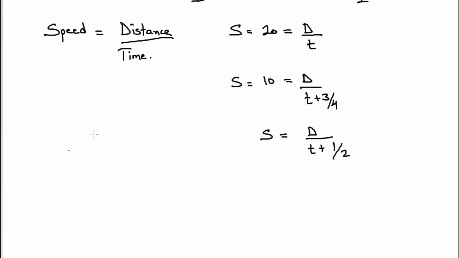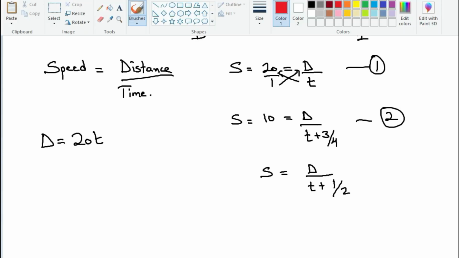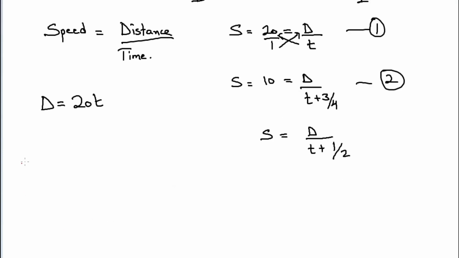First take up these two equations and solve for d and t. From the first, you can say d is equal to 20 times t. How? You just cross multiplied it. From the second scenario, you will see that 10 is multiplied with t plus 10 multiplied with 3 by 4, and it is equal to d.